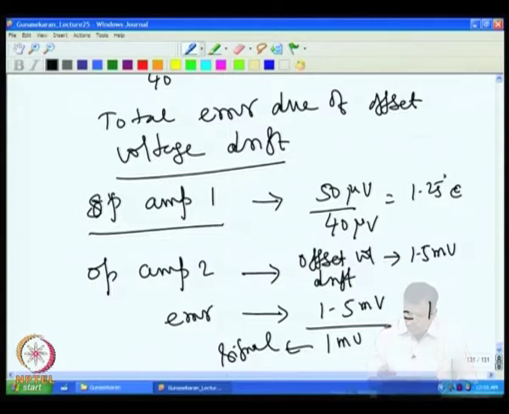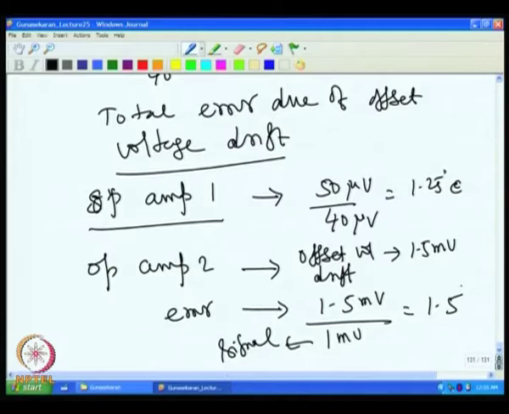So, that comes out 1.5. So, op amp second stage error will be 1.5 degree C.